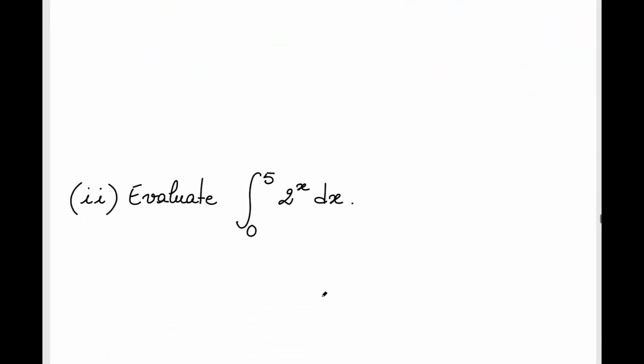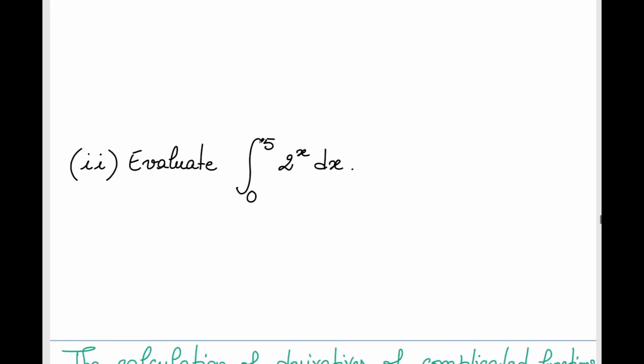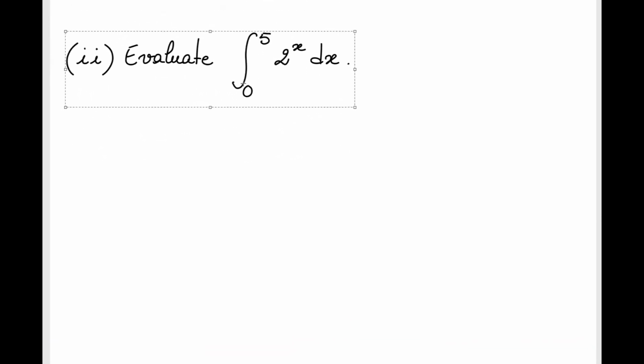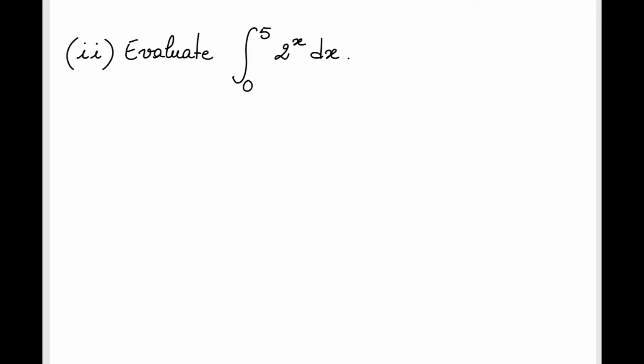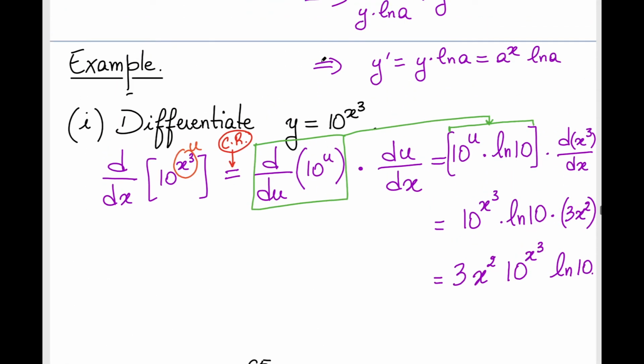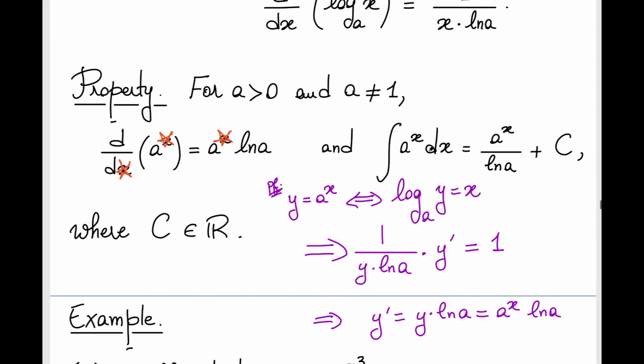Next, evaluate. Since I have room, how about taking it all the way to the top? Okay, so let's evaluate this definite integral from 0 to 5 of 2 to the power x dx. Do I know how to integrate such a thing? Yeah, this looks like the primitive of a^x dx.